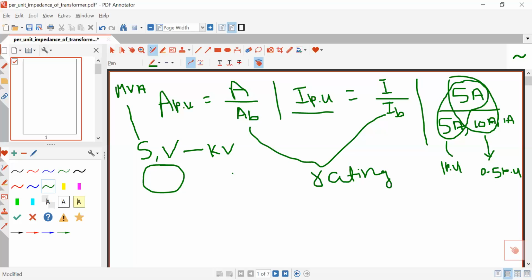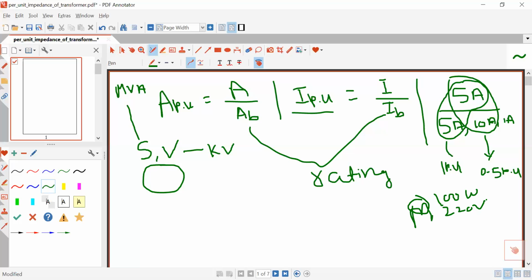For example, the rating of a bulb is given in terms of active power and volt. So for a resistive load, the rating may be in terms of active power and volt, but for a large machine, for an alternator, the rating will be in MVA and kilovolt.